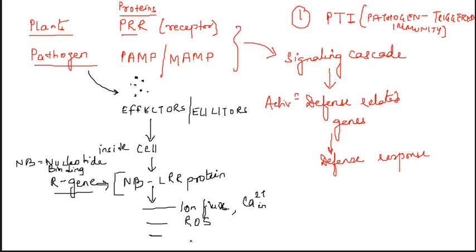After which there will be several other responses like the formation of lignin, callose, and some other chemical substances known as phytoalexins, etc. So this ion flux and all that are causing what?